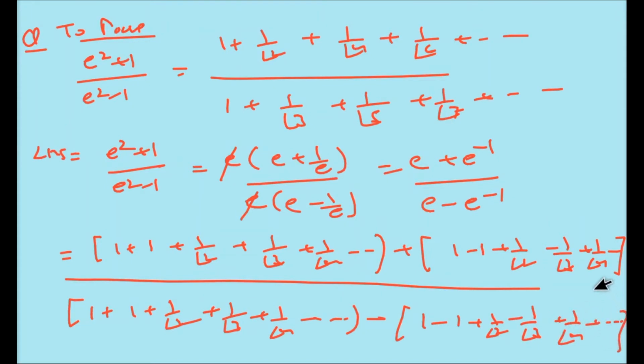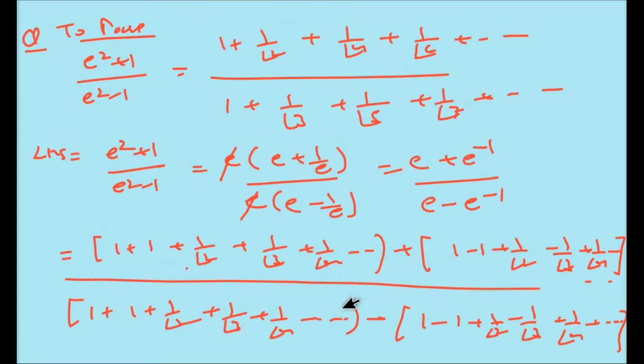So now you can see in adding 1 plus 1 twice, this will be cancelled, this is twice, and this is cancelled. Here in minus 1 minus 1 is cancelled, but 1 plus 1 is double, and 1 by factorial 2 minus 1 by factorial 2 cancel, 1 by factorial 3 will be double.